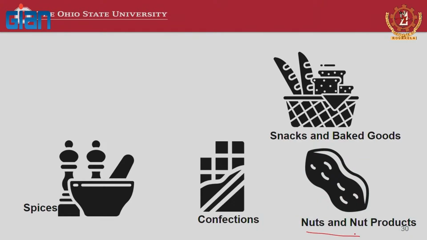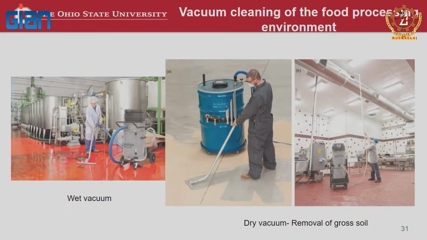When you have nuts, snacks, baked goods, confection, spices, these are all examples of dry sanitation plants. When you do a wet vacuum, it is okay to use water, whereas in the case of dry vacuum, you are going to just remove the surface soil, and it does not use water under those conditions.